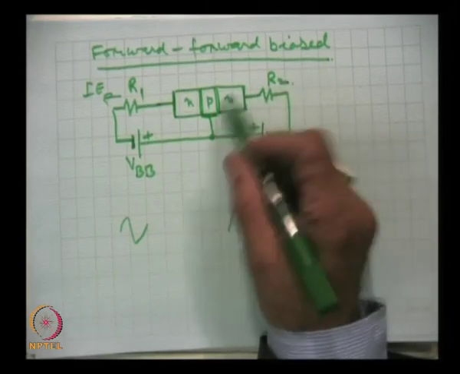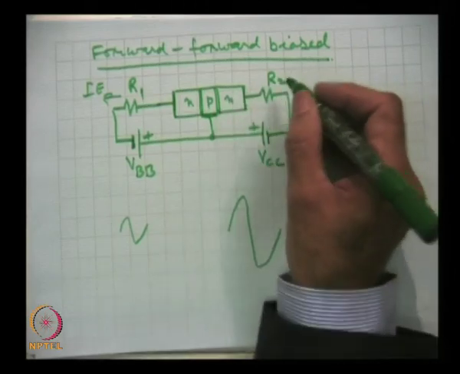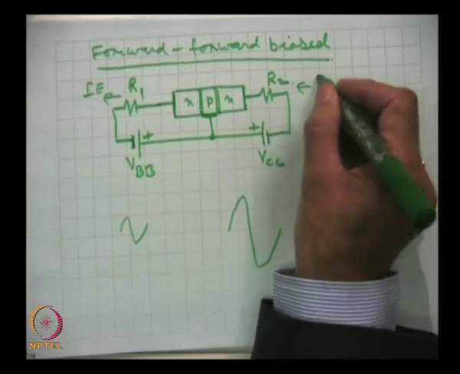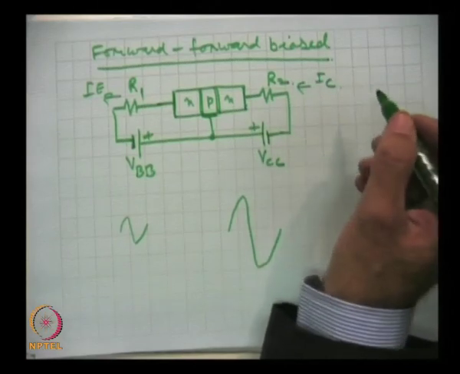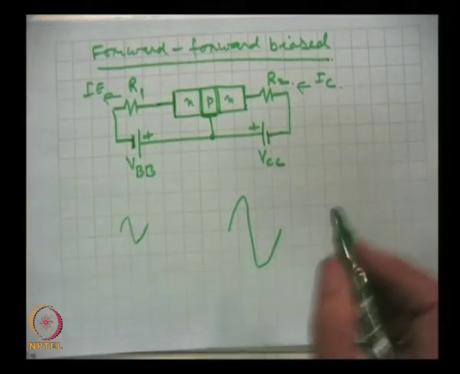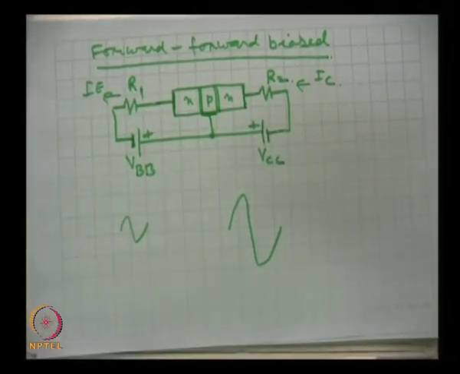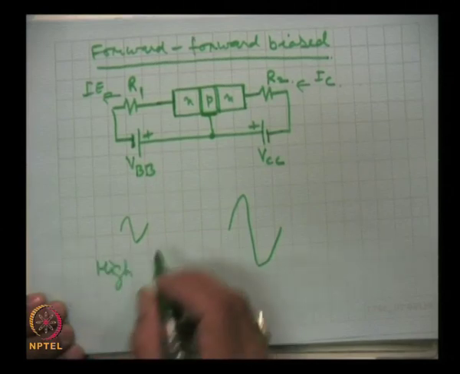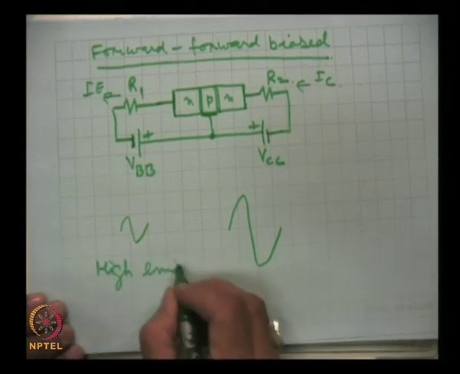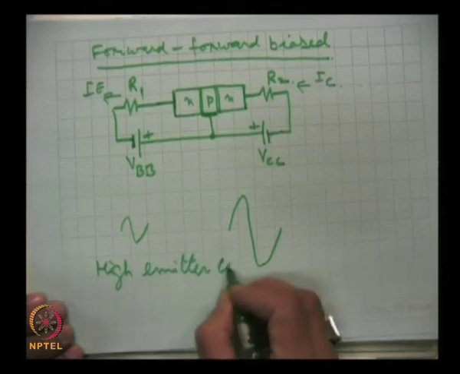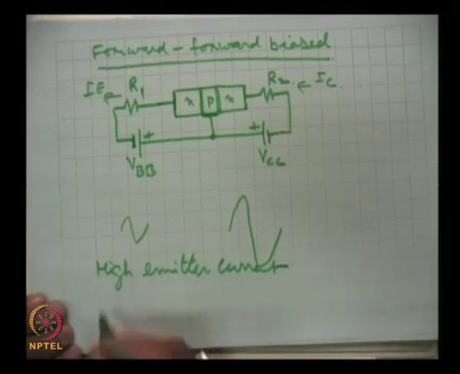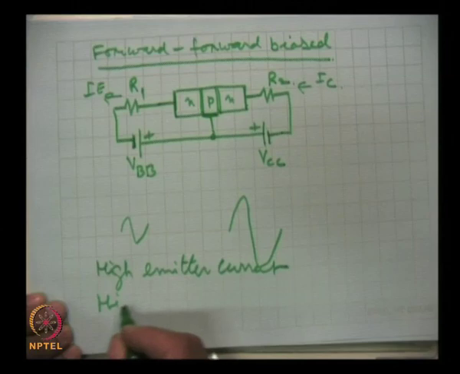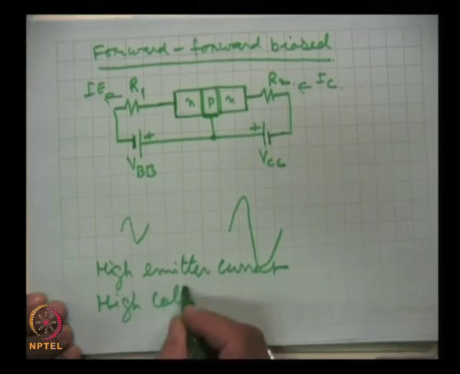So, heavy current will flow. So, this will be a heavy IC. So, what do we get in this forward bias? High emitter current and high collector current.